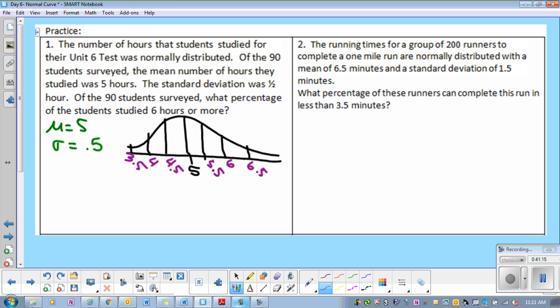It says, what percentage of the students study for 6 hours or more? Well, 6 is here. So they want this, and they want this. 1, 2, 3. Oh, and then the little outlier. You can add them, or you can subtract it out of 50. It doesn't matter because you have these 2 spots. You know what I mean?